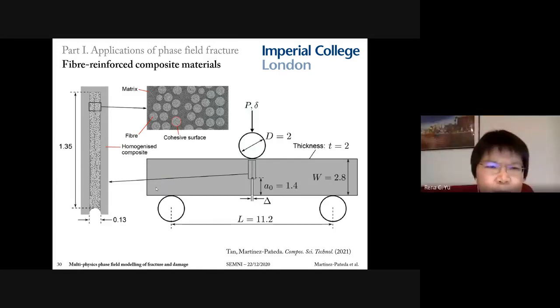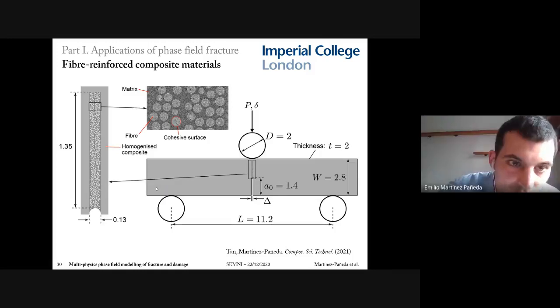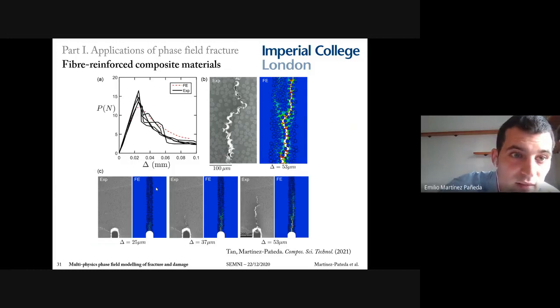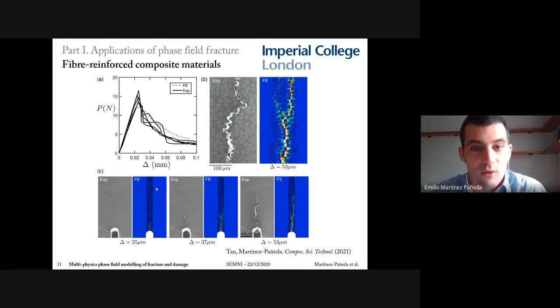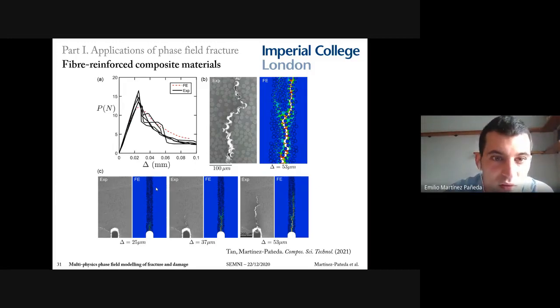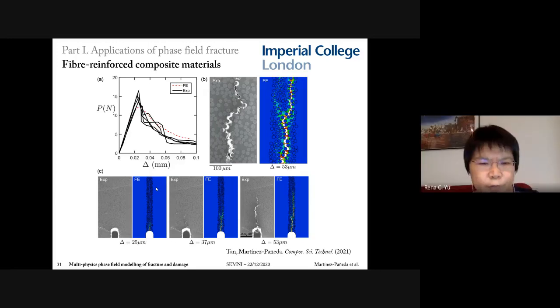So the material is linear elastic, and the fracture in the bulk is dominated by the fracture energy of the material, by the Griffith or phase field balance equation, and then you have a cohesive zone model between the fibers and the matrix to model the debonding process. Okay, thank you.